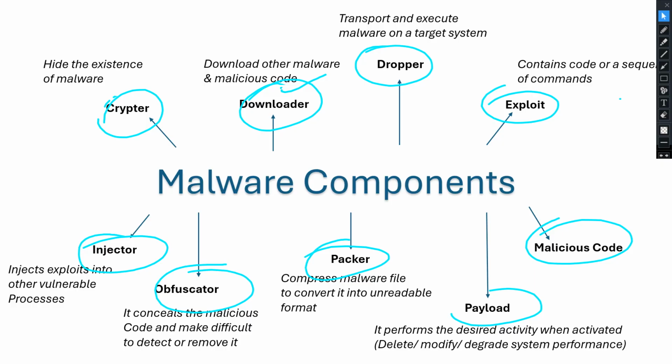It might delete a file, modify a file, or degrade system performance. It can do anything. The main thing is once the malware is activated, it performs the desired activity. Then we have malicious code. Malicious code is basically a piece of code and commands that result in security breaches.